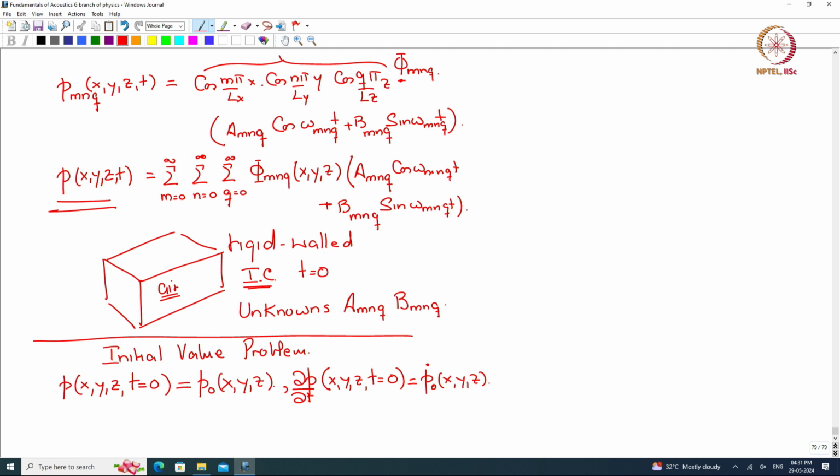This is the initial condition at time t0. Now the box will start responding to this, or the dynamics will evolve from here onwards. From these conditions I have to figure out my A_mnq and B_mnq, and once that is figured, this solution is known. Okay, that is the whole.